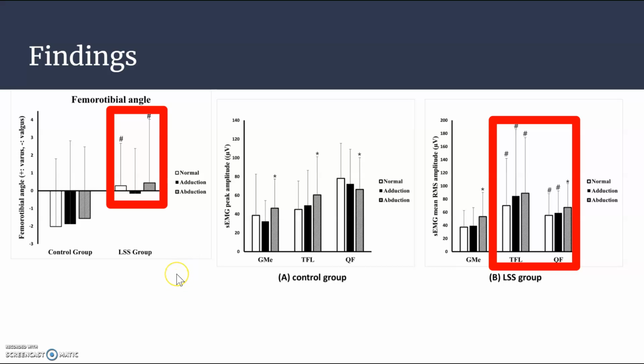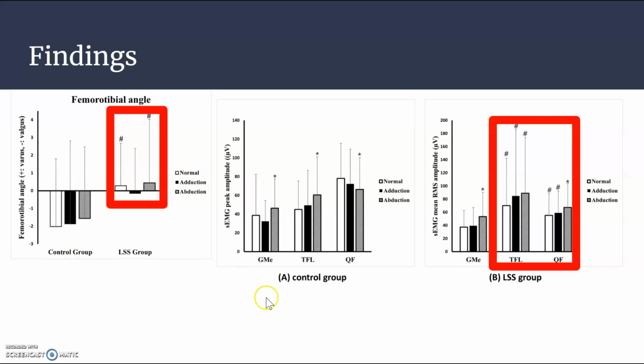So here are some of the important findings in chart form. With this first figure titled femorotibial angle, the normal and abducted gaits were significantly different in femorotibial angle in comparison to the control.